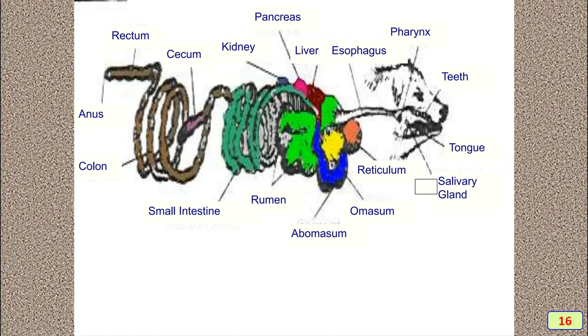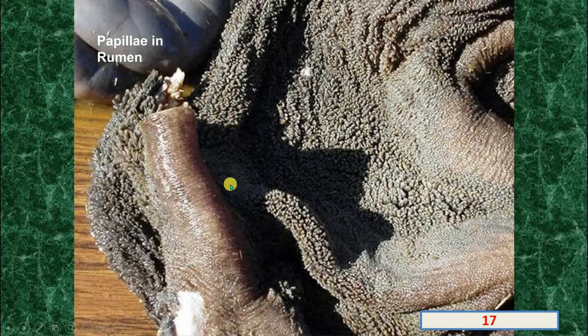So this is also the ruminant digestive system, starting from the tongue or the mouth and ending with the anus. So teeth, then pharynx, esophagus, liver, pancreas, kidney, cecum, reticulum, abomasum, then rumen, small intestine, colon, etc. So all these organs are interconnected, and the papillae in the rumen.